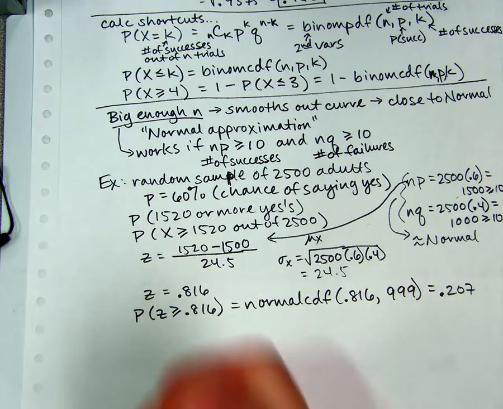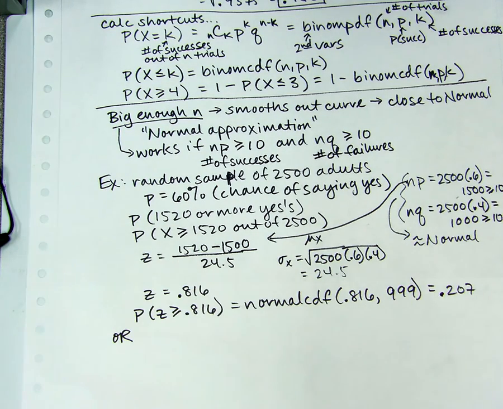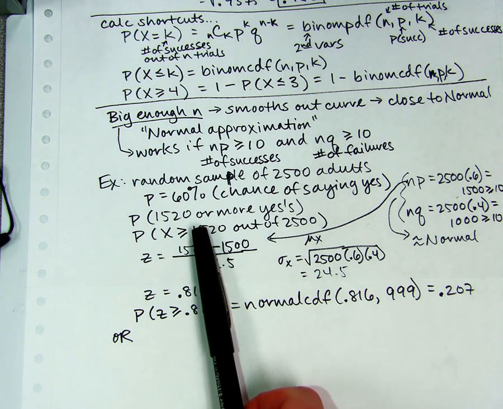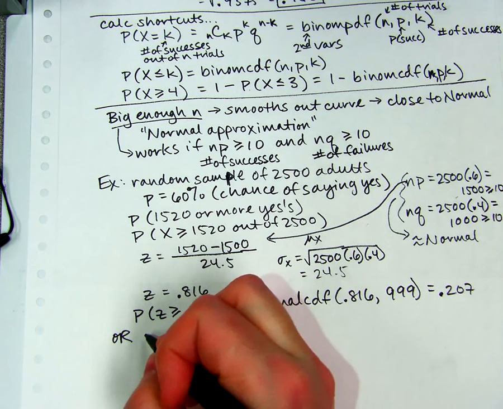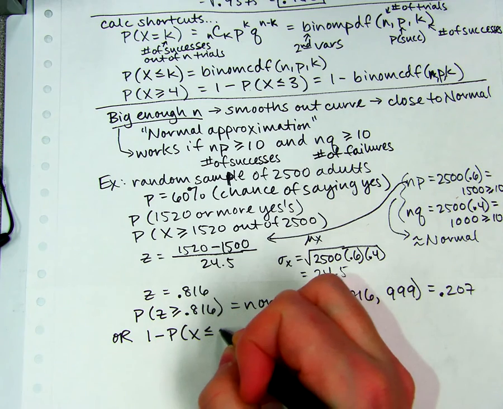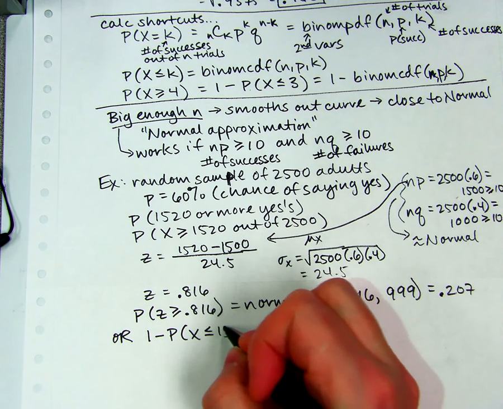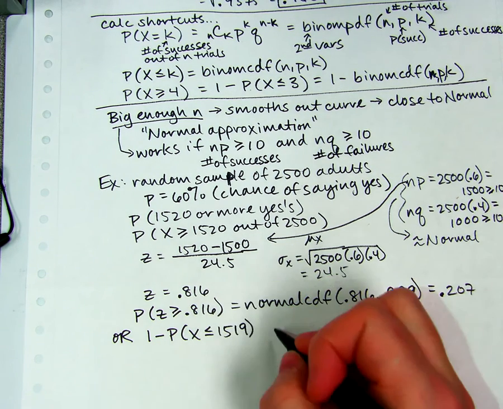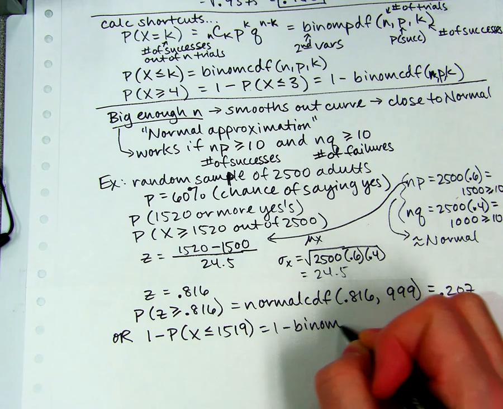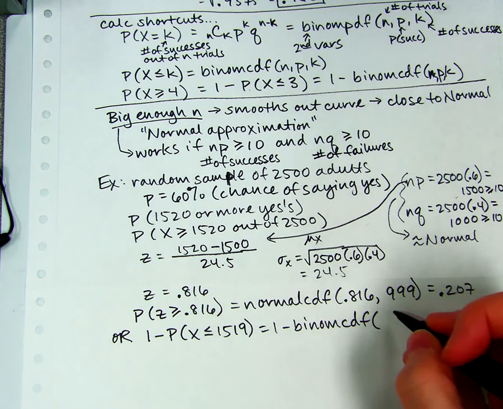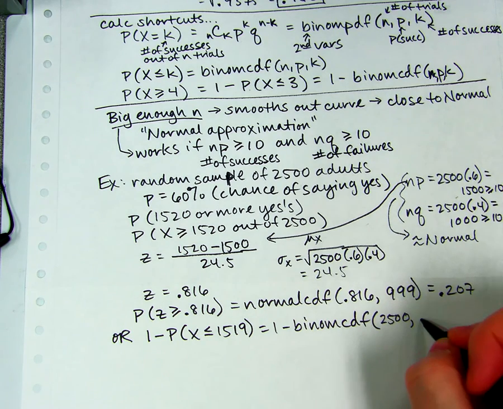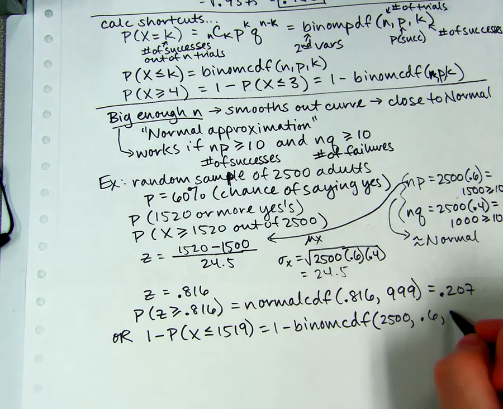Or I could do a binomial CDF method, and remember that greater than is 1, you do 1 minus the less than, so we do 1 minus the probability that x is less than or equal to, we'd have to break this, go 1 less and do 1519, that's fine. So I could do 1 minus binomial CDF, and I would put N, which is 2,500, and then P, which is 0.6, and then K, which is 1519.